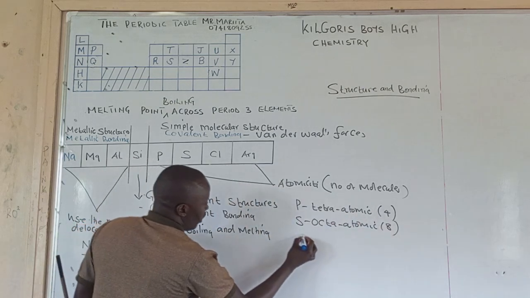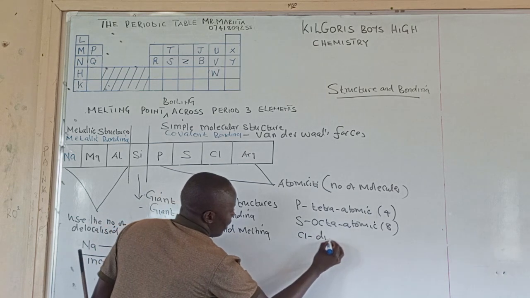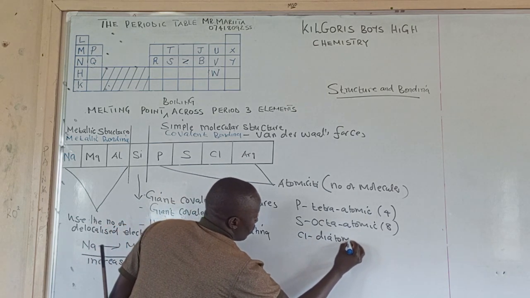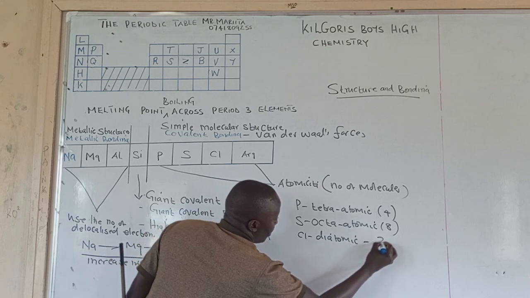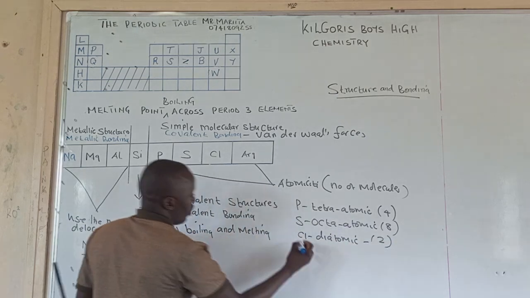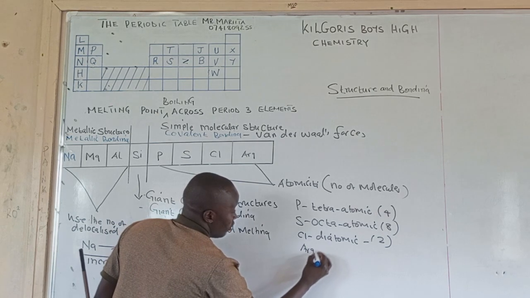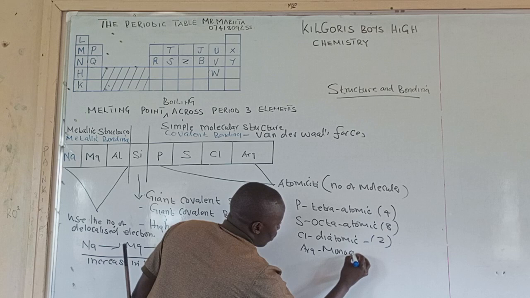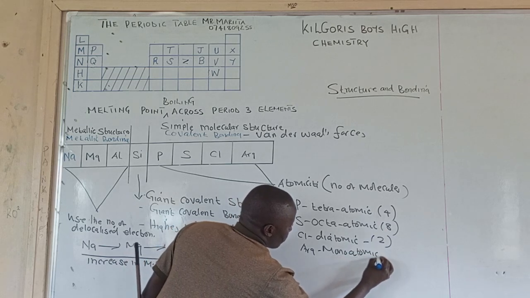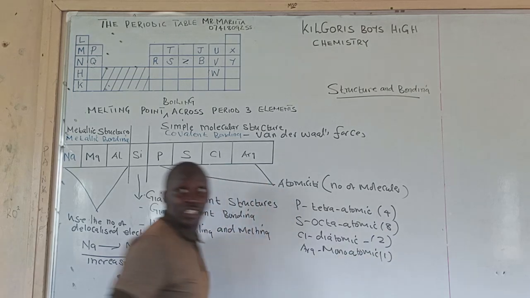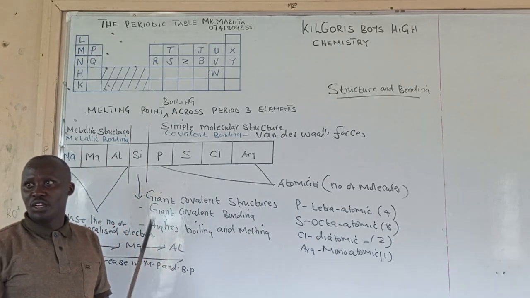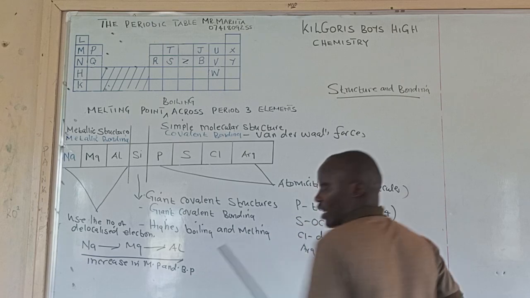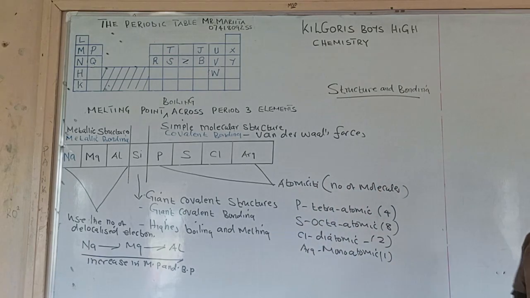When you come to chlorine, chlorine is diatomic, meaning it has 2 atoms. Then we have argon, which is group 8. This is called a monoatomic molecule, which has 1 atom. So the higher the size of the molecules, the higher the melting point.